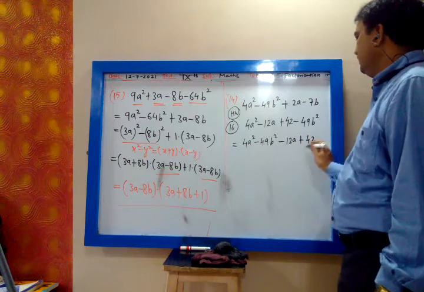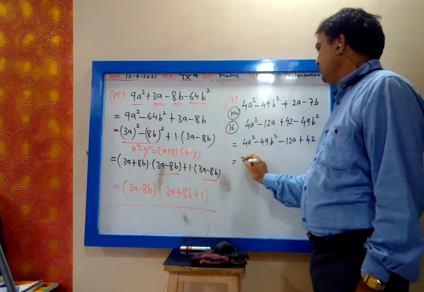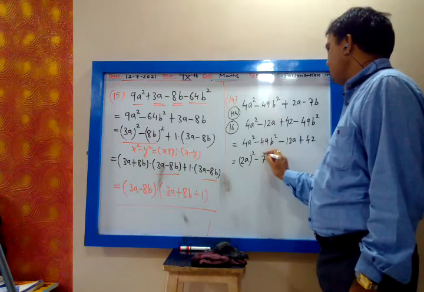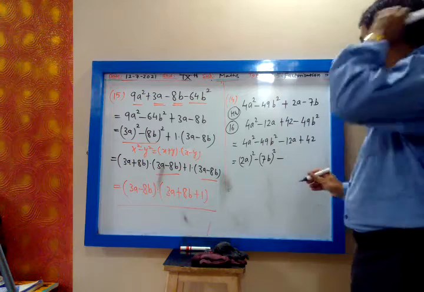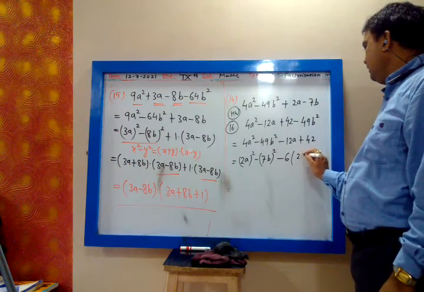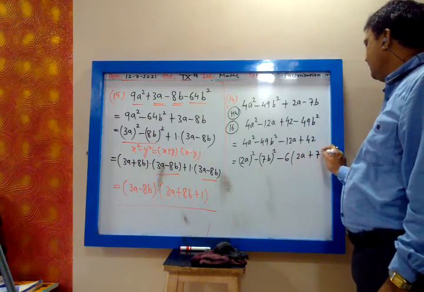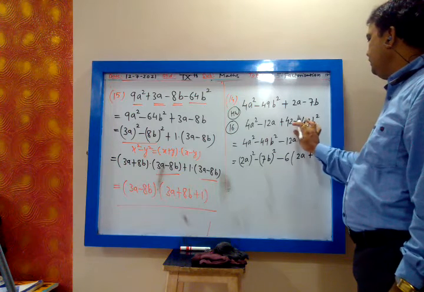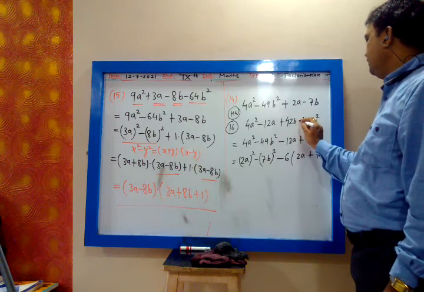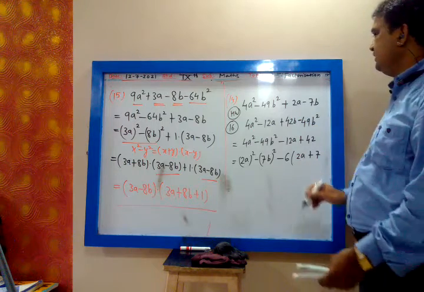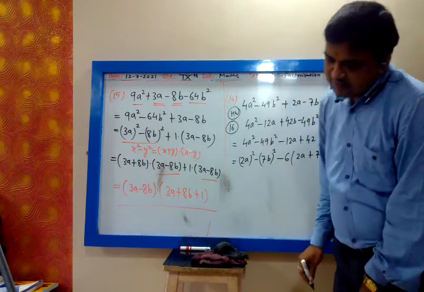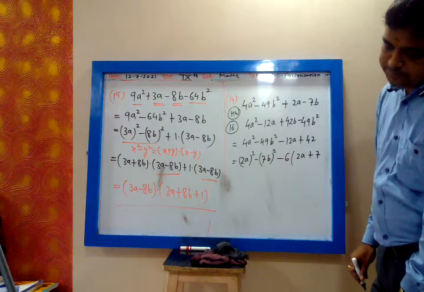This is 2a whole square minus 7b whole square. Then what can you take common? 6. Then this is 2a plus 7b. It should be 42b, so there is a mistake in the question. It is not 9, it should be 42b.